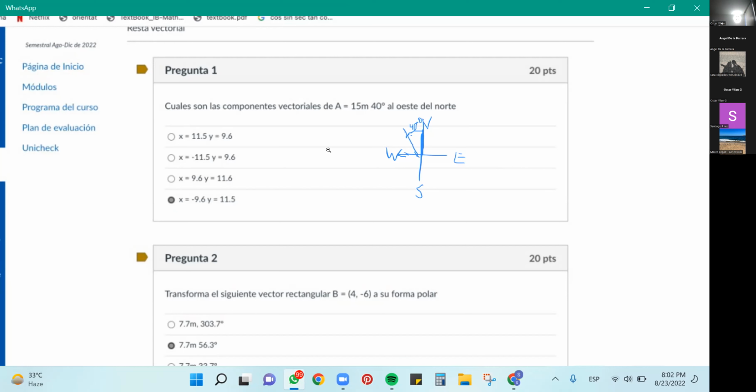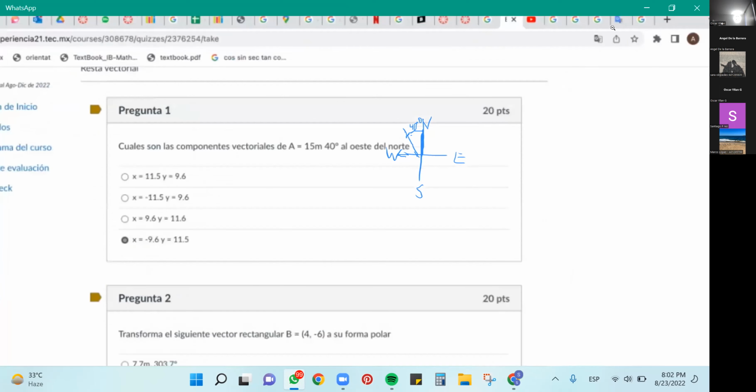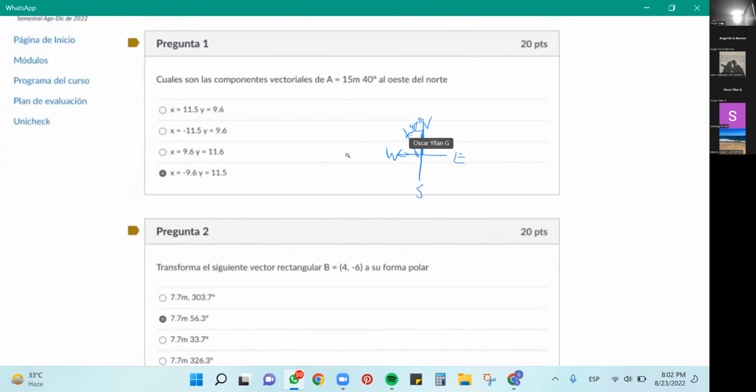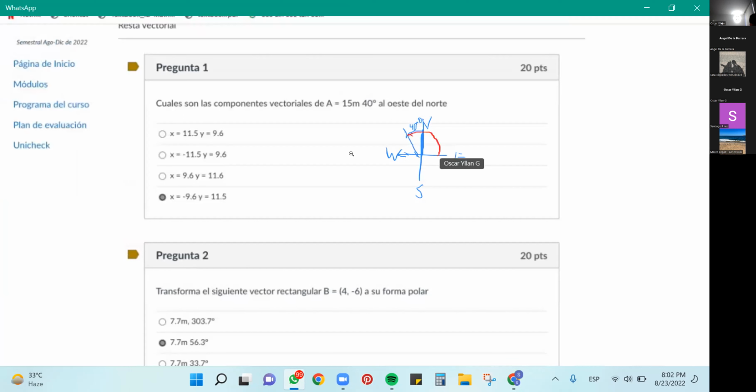Remember that for applying these formulas of cosine and sine, you have to use this angle, the red one, so it will be 90 plus 40. Okay.